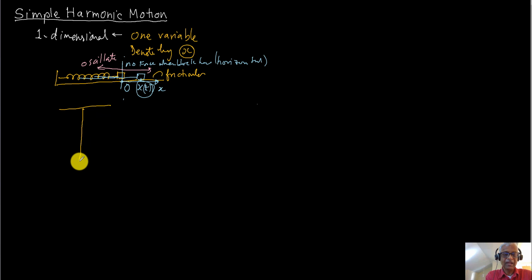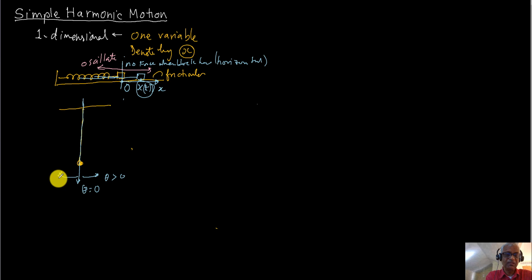Here is a pendulum, a simple pendulum, and we're going to swing it in this way. We say this direction is theta equal to 0, and if I measure this side, theta is greater than 0.